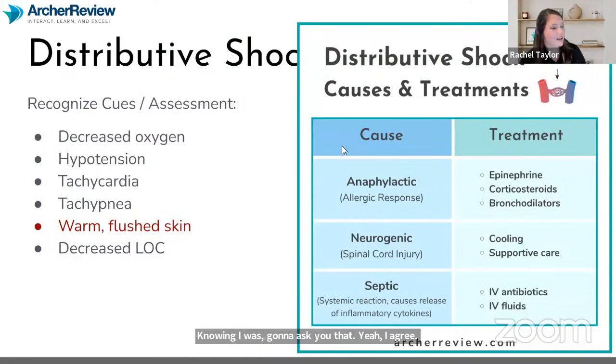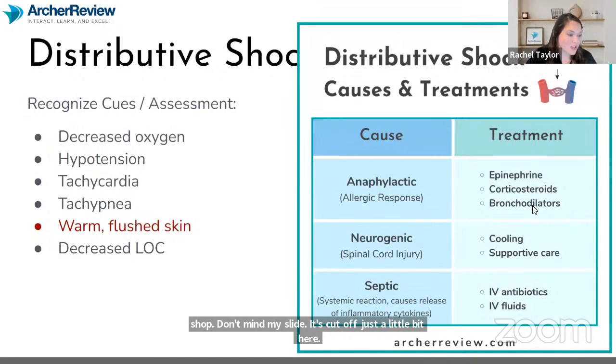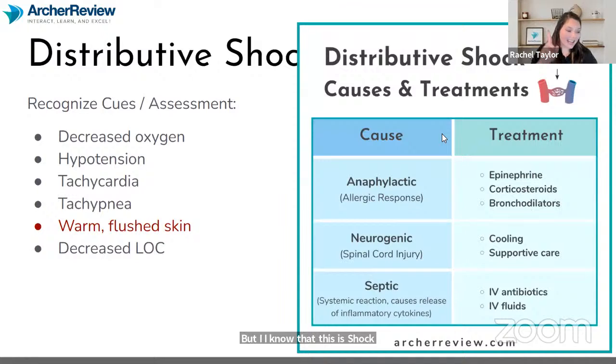Don't mind my slide. It's cut off just a little bit here. But I know that this is distributive shock. Now, most of the time in distributive shock, in sepsis and in anaphylaxis, we're going to see that they're tachycardic. We're going to see they're warm and flushed. Now, in one of the types of shock up here, we see bradycardia, not tachycardia.